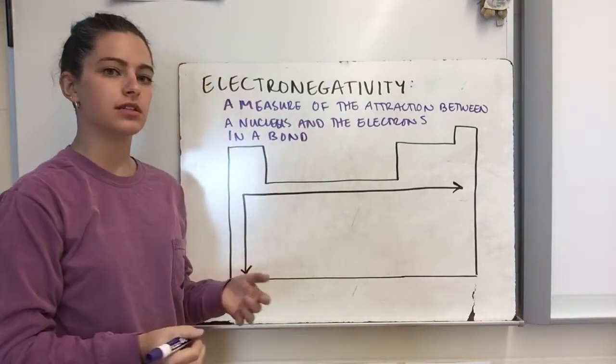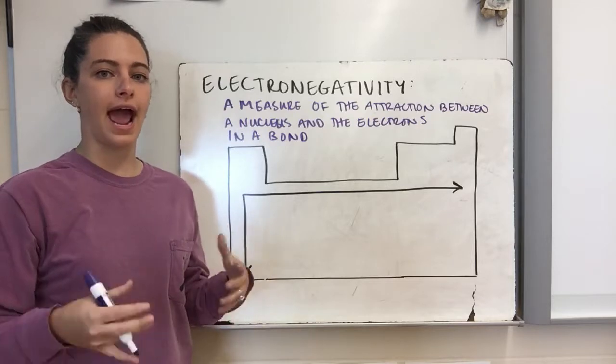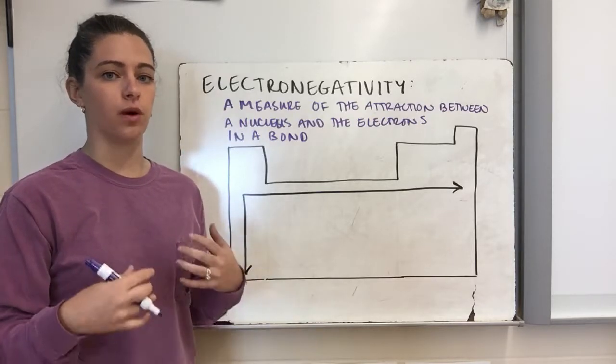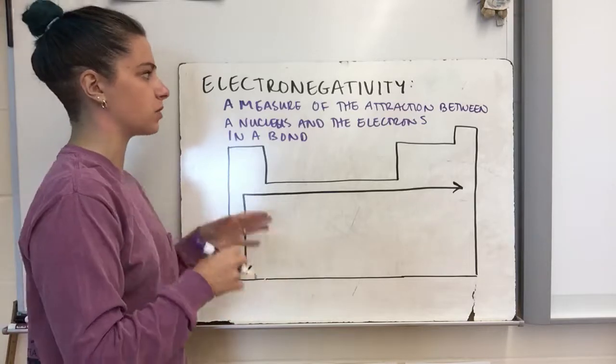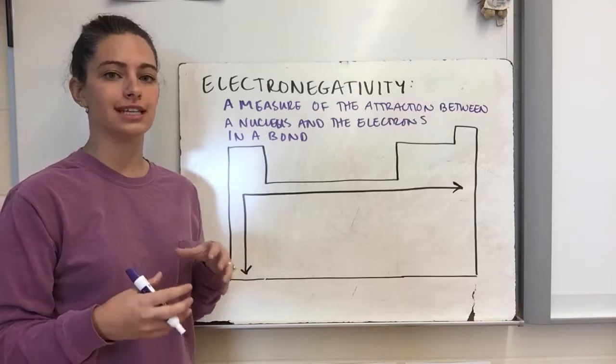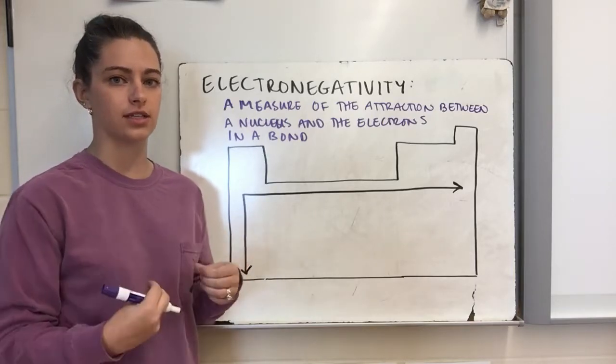So electronegativity is something that we look at specifically when atoms are involved in bonding. So when those electrons are being used to form bonds between two different atoms, that's when we're looking at electronegativity. And the electronegativity is really just how much is that nucleus pulling on the electrons in the bonds.